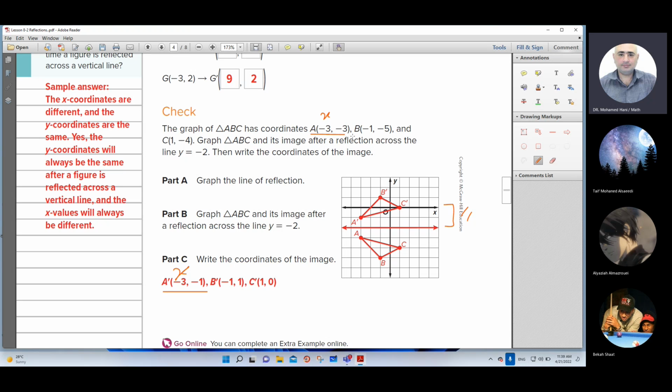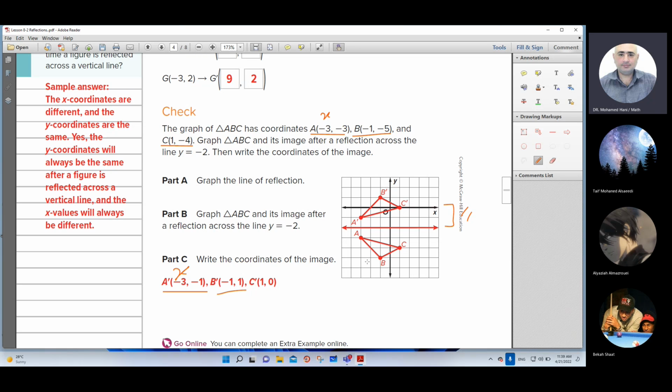Also if you compare B and B prime, here the x is -1, -1, and here the y is -5 and 1, which means we have different y. And as you see here, we have C and C prime. Here we have the same x, and here we have different y.